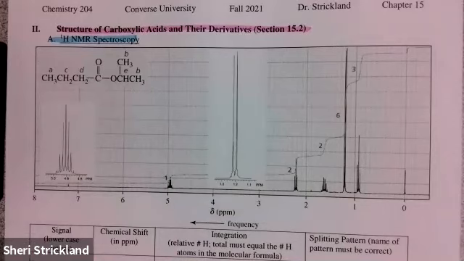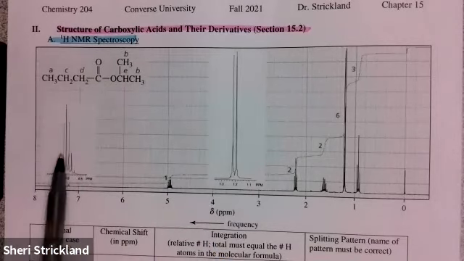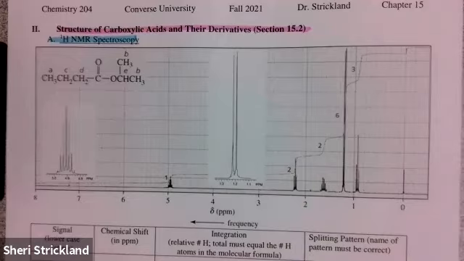A lot of times when you're looking at a spectrum, you don't already have the structure. In fact, the reason that you want the spectrum is to get the evidence that you need to figure out what the structure is. So we're going to use this structure here to help us kind of Rosetta Stone our way through what we see here in the spectrum.